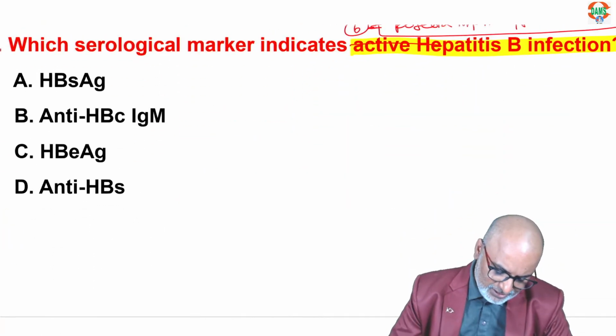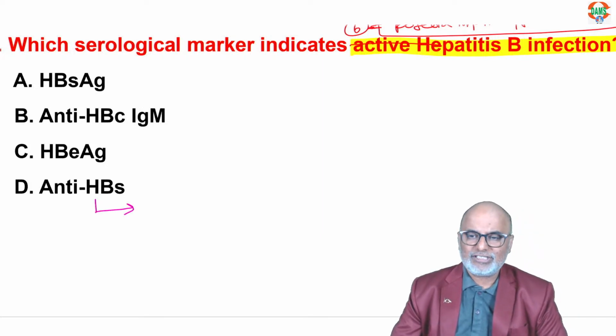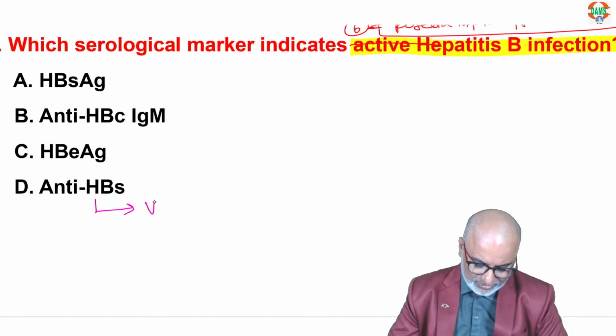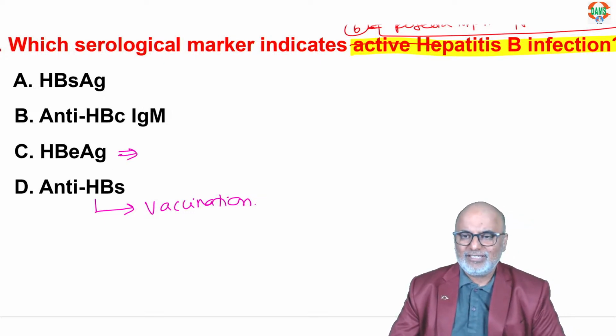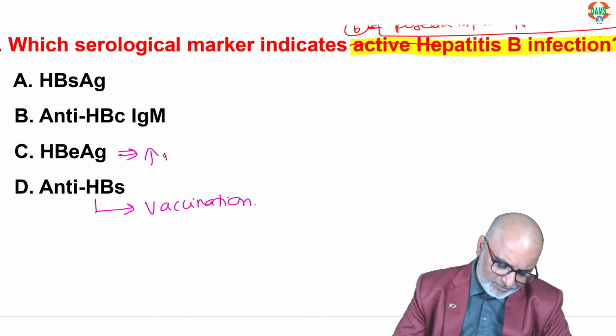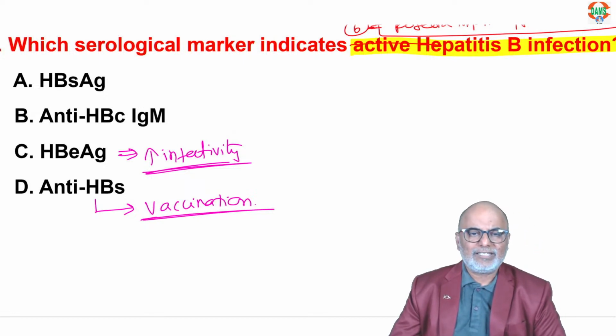Please remember, anti-HBs indicates protection, vaccination. Envelope antigen indicates high infectivity.